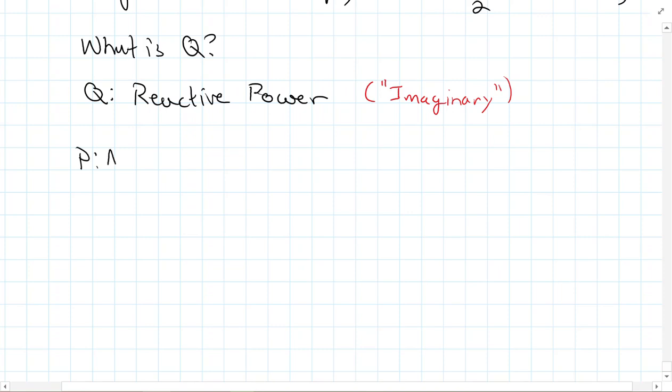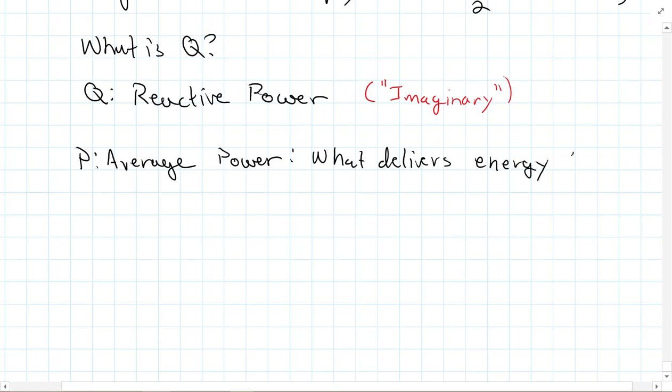P, which is average power, is what delivers energy to a system.